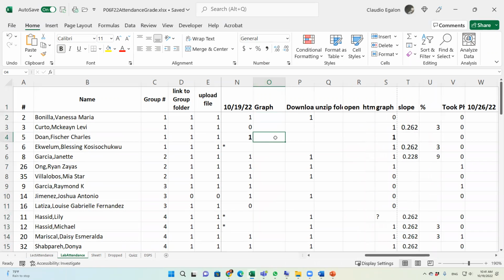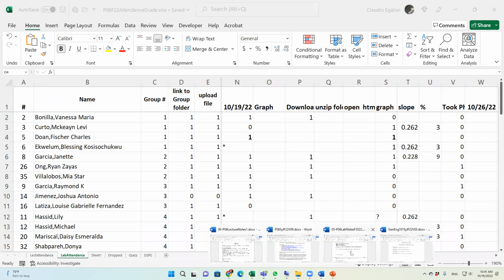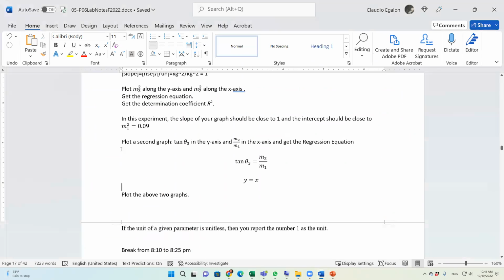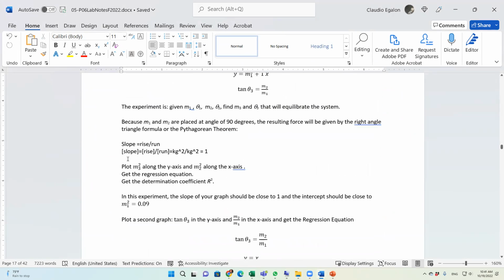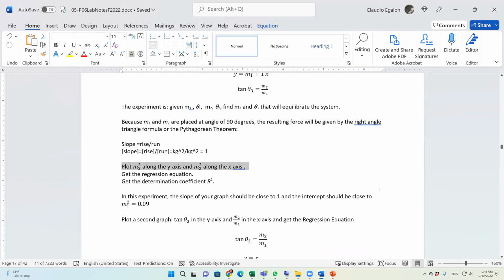Fisher, did you plot your graph already? The two graphs? Sorry, which graphs were we trying to plot? Okay, there are two graphs, right? The first graph is: plot M3 square along the y-axis, M2 square along the x-axis.